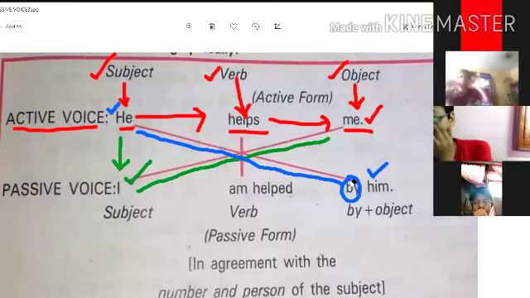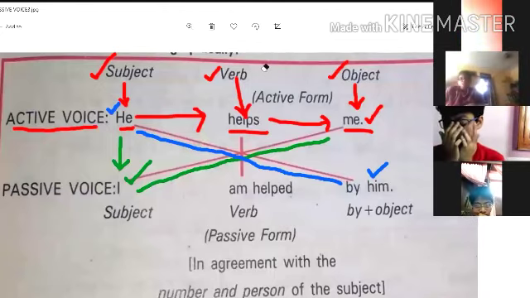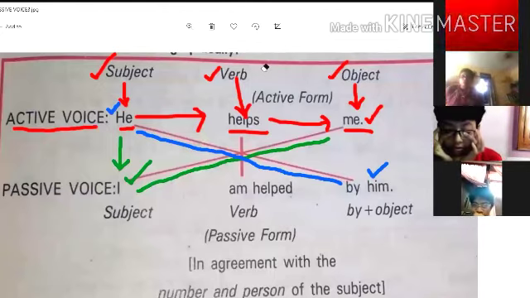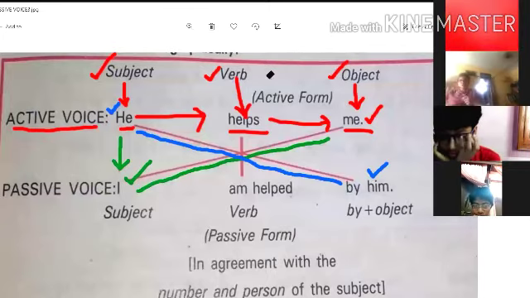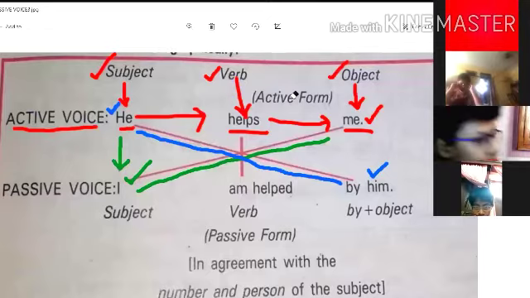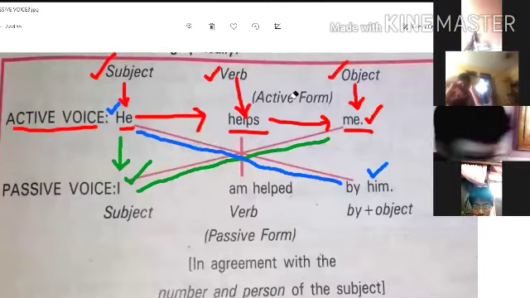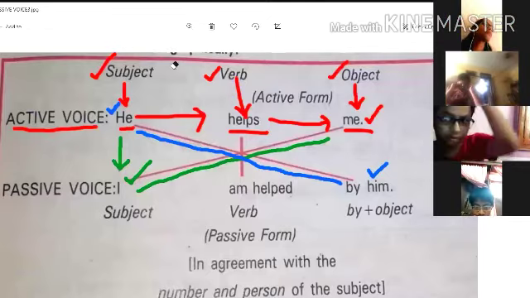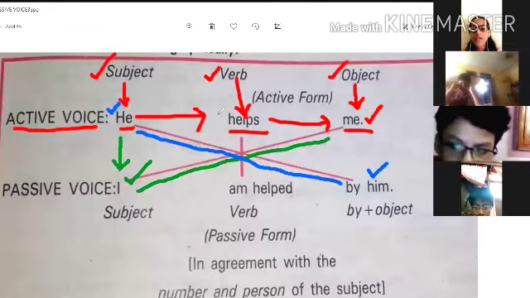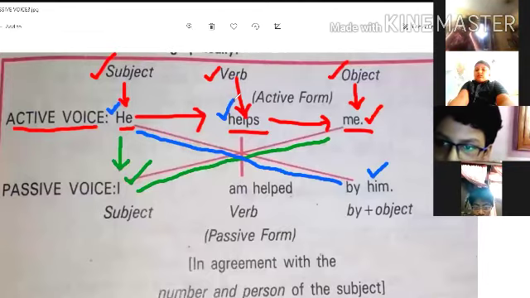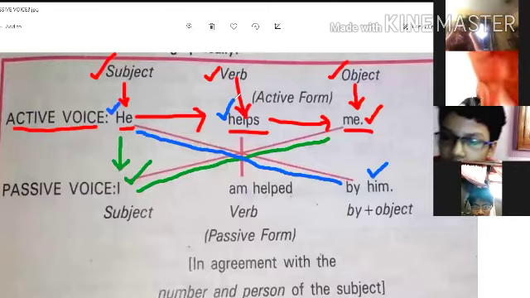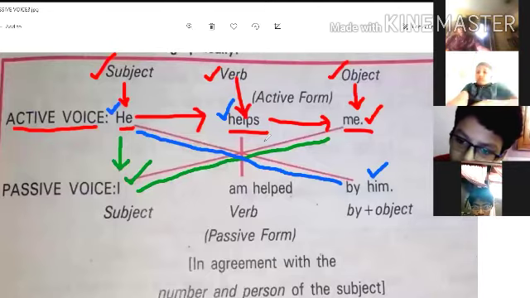And the third rule, what did it say? The third rule was about the change of the verb, the change of the tense. What is happening here? Help is the verb. Now how is it changing? This is in the simple present tense.